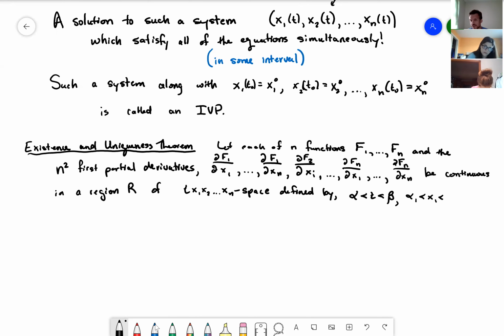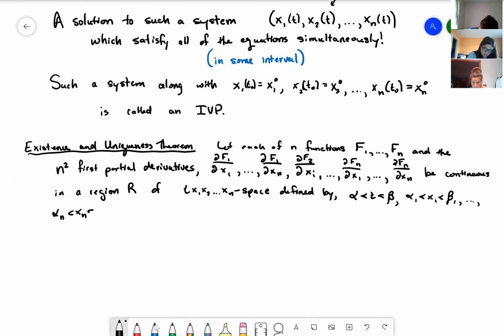Remember, in the single linear ODE case, we thought of this as being in the plane, right? There was the input t and then the output y, and we thought of this as being in ty space. Well, now this is some higher dimensional space. Harder to visualize, but well, it's not so hard if there's only two of them. That's just three-dimensional space. But once you get beyond that, it's kind of difficult.